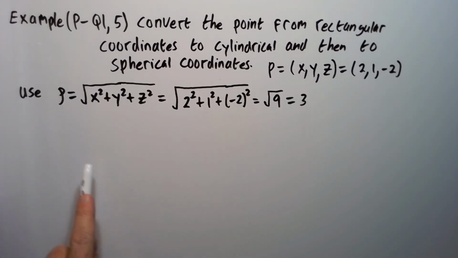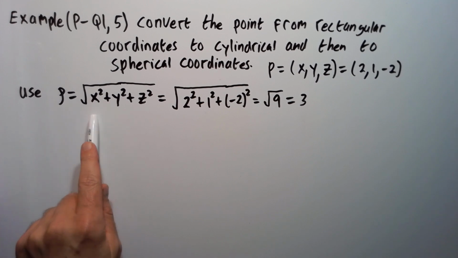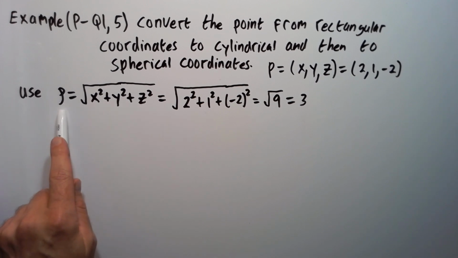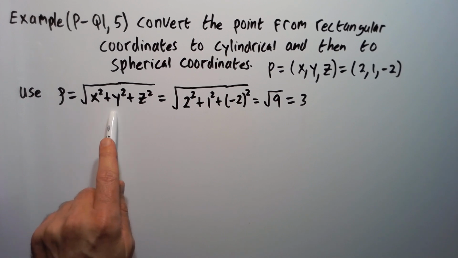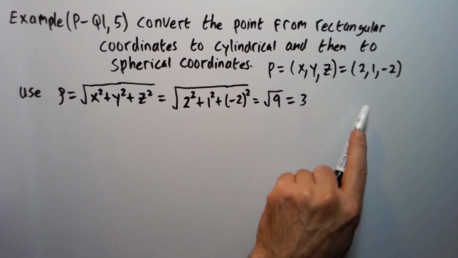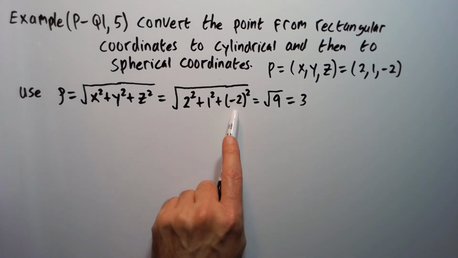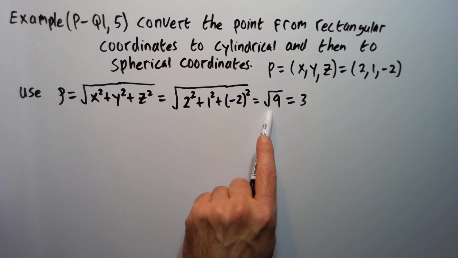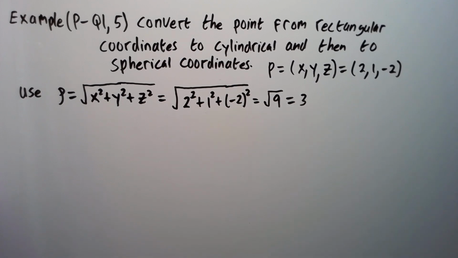Using what we derived, we had rho squared equals x squared plus y squared plus z squared. So rho would be the square root of x squared plus y squared plus z squared. My x is 2, y is 1, z is -2. So 2 squared, 1 squared, -2 squared, which is the square root of 9, which is 3. So that's our rho.